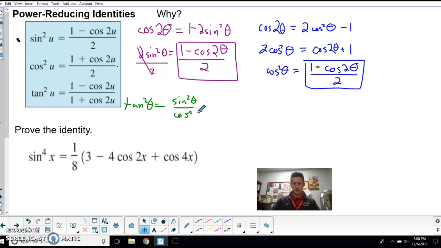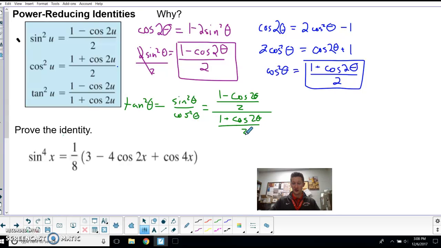And then I'm just going to use the 2 previous identities. Sine squared is equal to this thing. So I got 1 minus cosine 2 theta over 2. And cosine squared is equal to this guy, which is 1 plus, not squared, cosine of 2 theta over 2.